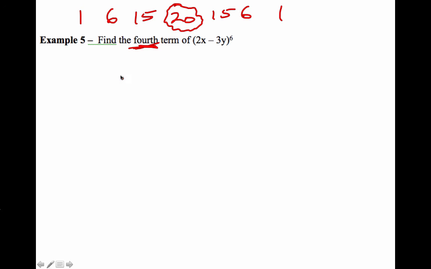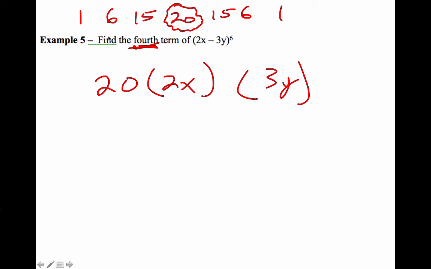So you know you're going 20, and then you're going 2x, and you're going 3y, and you know you're going first term to the 6th, to the 5th, to the 4th, to the 3rd. So this one's cubed. Well, this one's got to also be cubed, because they got to add up to 6. And then you simplify that.